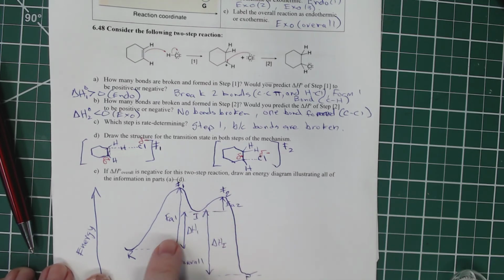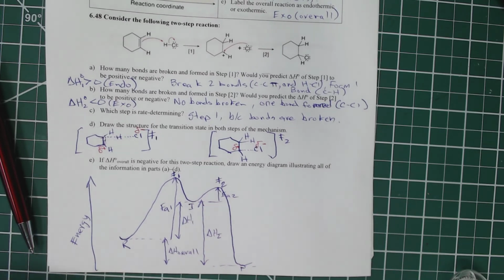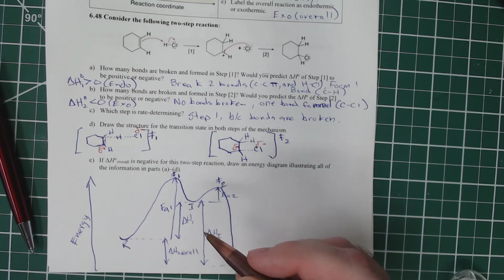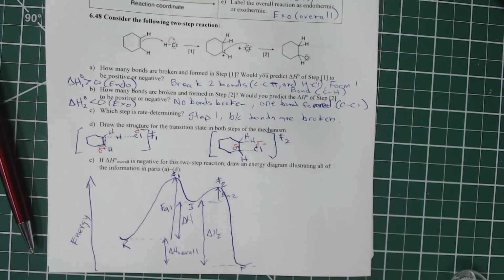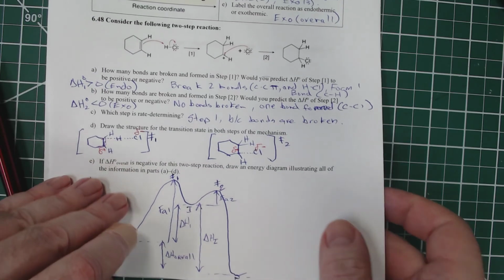And you'll notice it's much smaller than the EA1. All right, and since we don't have numbers here, we can't put the numbers on there overall. But that is our energy diagram for that overall reaction.